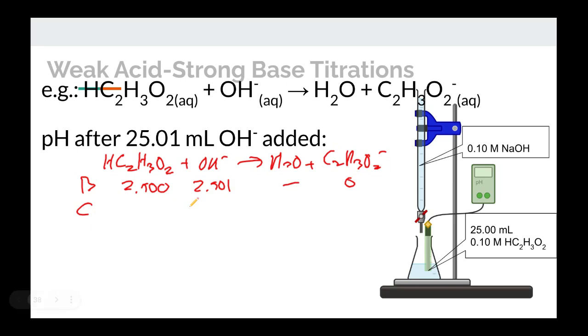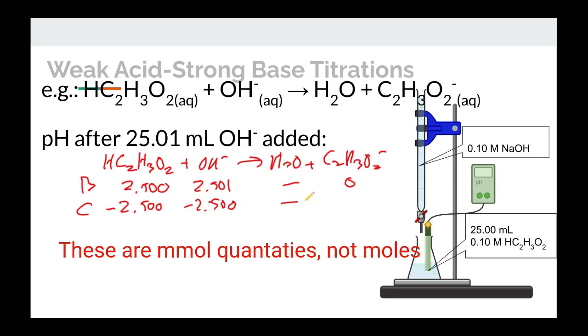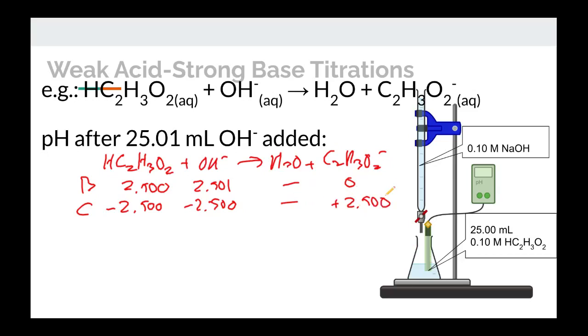So the change, acetic acid is now the limiting reactant. So we're losing 2.5 millimoles of each of those. We're adding 2.5 millimoles of weak base. Afterwards, no acid left. We now have 0.001 millimoles of OH minus, and we have 2.500 millimoles of acetate ion.